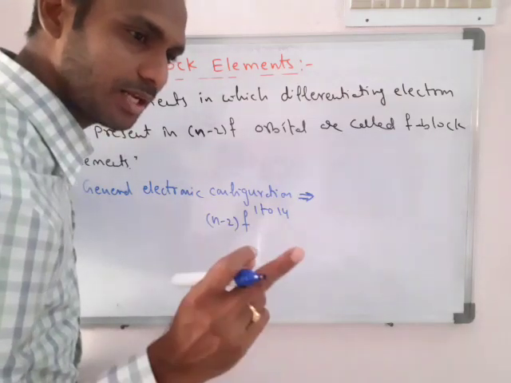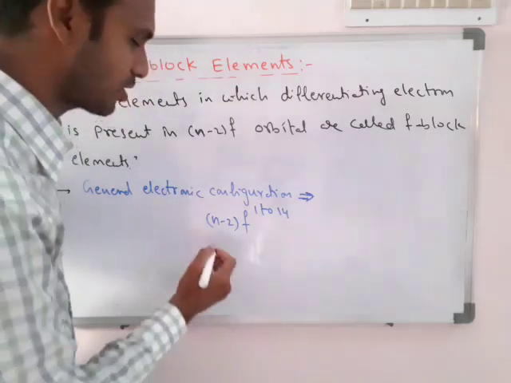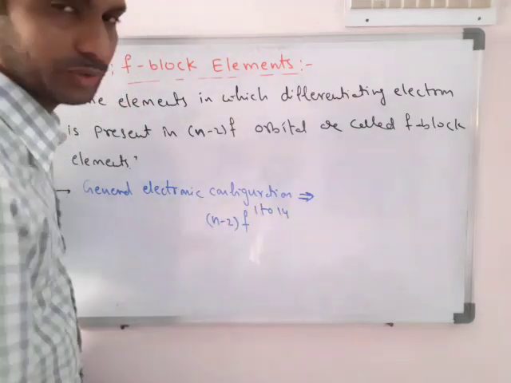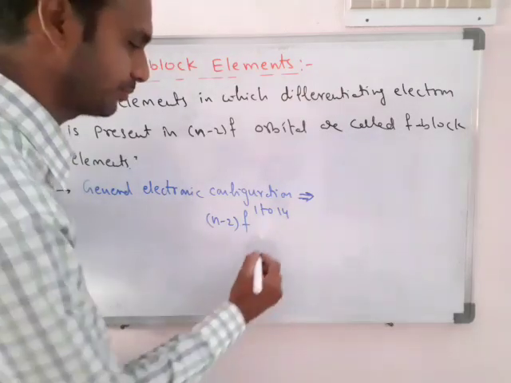Each orbital holds 2 electrons, so a total of 14 electrons, so it goes from 1 to 14. That is why 14 elements are present in one row.